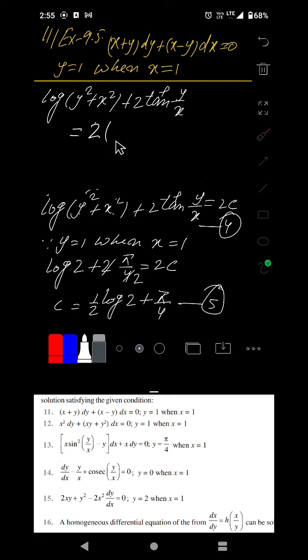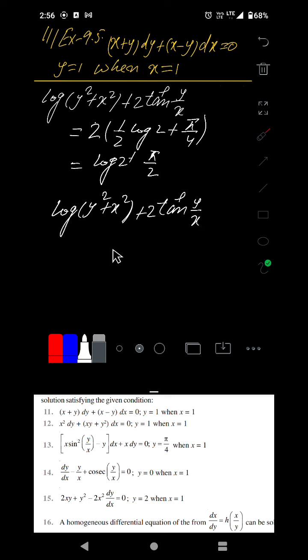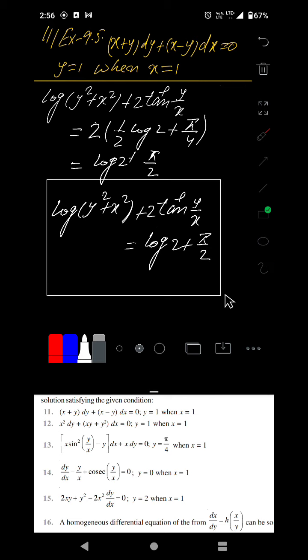We have within a bracket 1/2 log 2 + π/4. Now opening the bracket, we have log 2 + π/2. So we have log(y² + x²) + 2 tan⁻¹(y/x) = log 2 + π/2. And this is our required solution of the given differential equation.